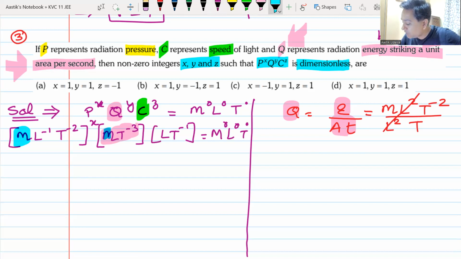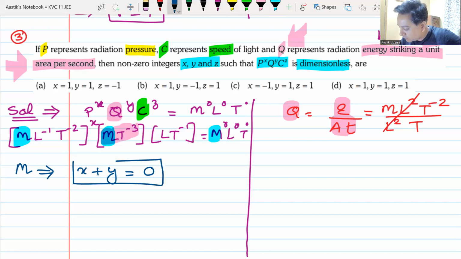I will equate the coefficient of mass M on the two sides. On the left hand side, I have x plus y, and on the right hand side, I have 0. Let us say this is my equation number 1.